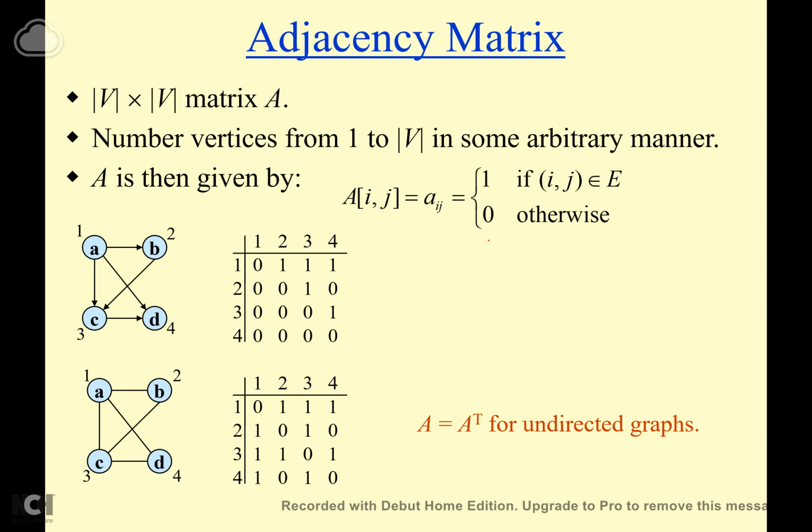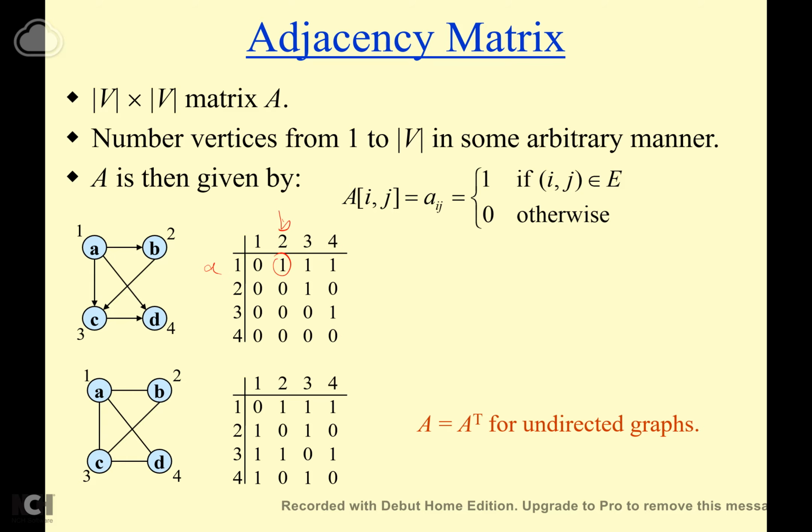Otherwise, it's 0. In this case, you will find it's very easy to locate whether vertex A is connected with vertex B, right? Because this is a two-dimensional array, and you just use constant time to access a specific edge, so it is easy to find the edge.